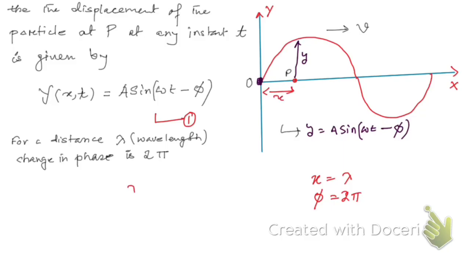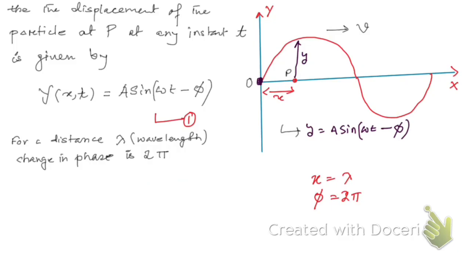So when the distance is equal to lambda, phase difference is 2 pi. When the distance between the points is 1 unit, then the phase difference will be 2 pi by lambda. And when the distance is x, then 2 pi x by lambda, right?